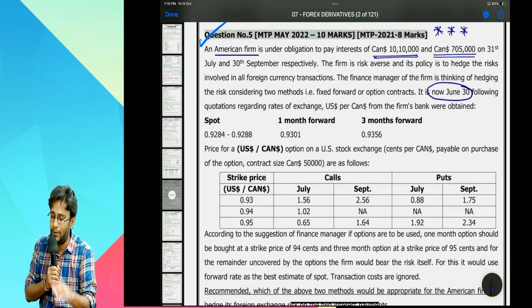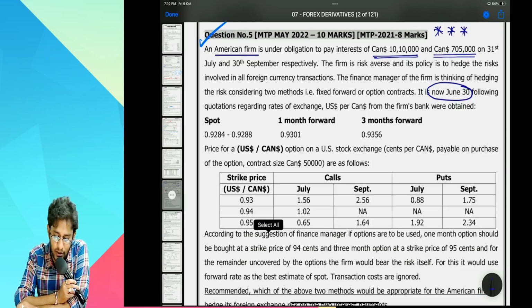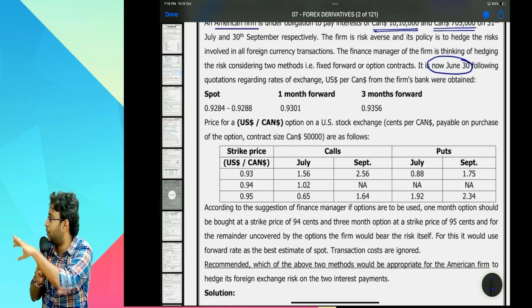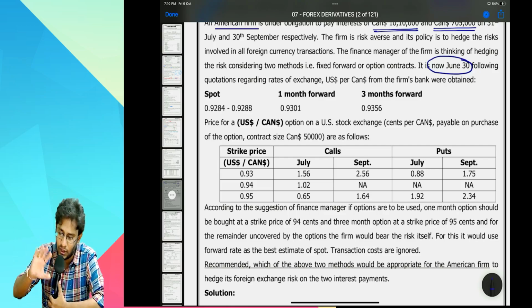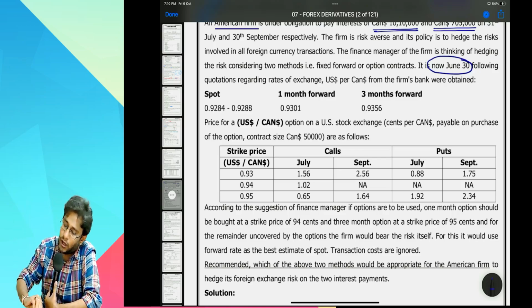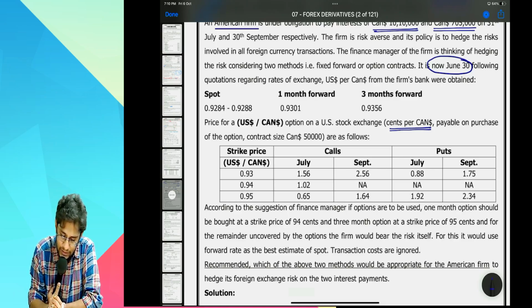Now, above the table one line is printed. Read. Price for a US dollar per CAN dollar option on a US stock exchange. Price for an option means what, sir? Option premium. So whatever numbers they wrote inside the table for calls and puts are the option premiums, given in cents per CAN dollar, payable on purchase of the option.